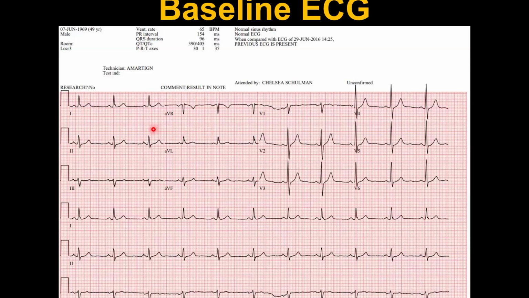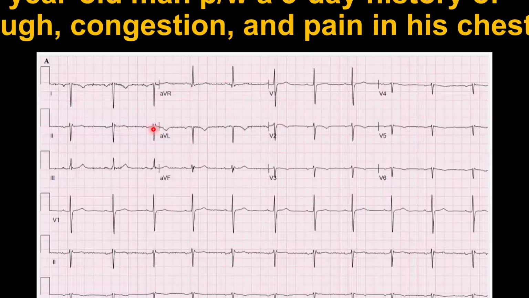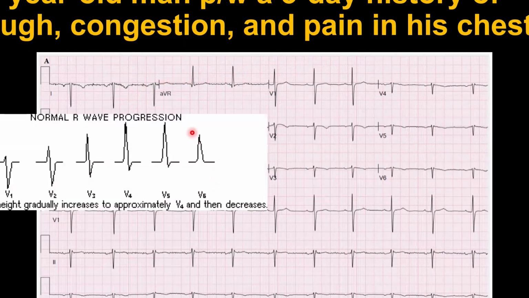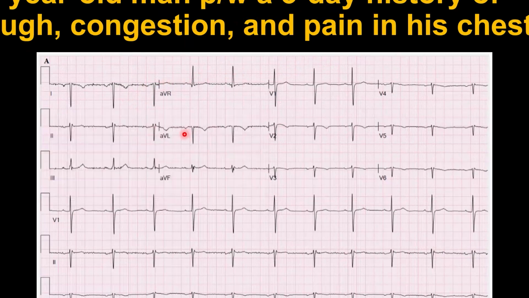Now here's another man, a 66-year-old man, who presented with a 3-day history of cough, congestion, and pain in the chest, and his axis is about the same as the other one. However, look at the chest leads. What do you see?